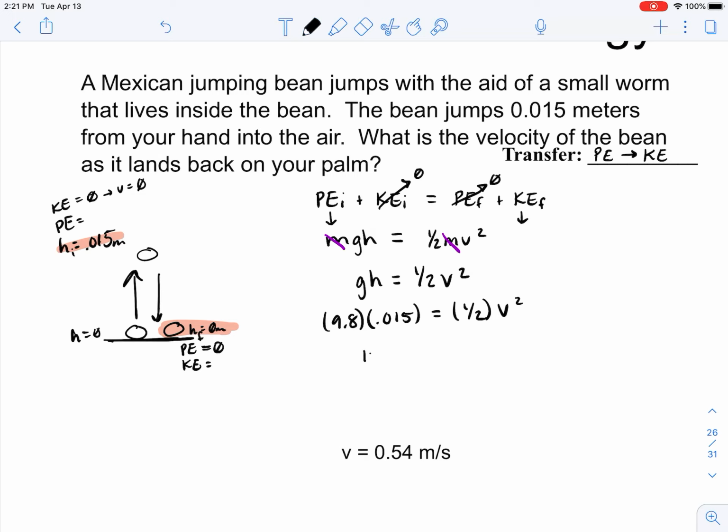So you're going to get some number here, and then we're going to square root that because that will be equal to v squared. And our final answer comes out to 0.54 meters per second. This is obviously just a made-up number. So whatever that number is would go in our square root.